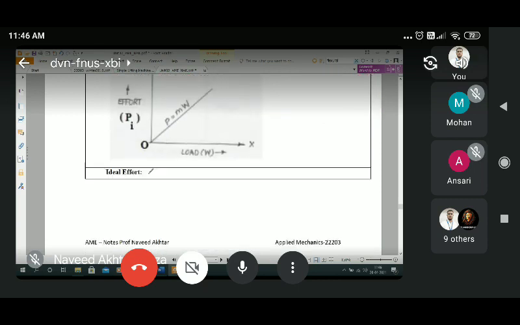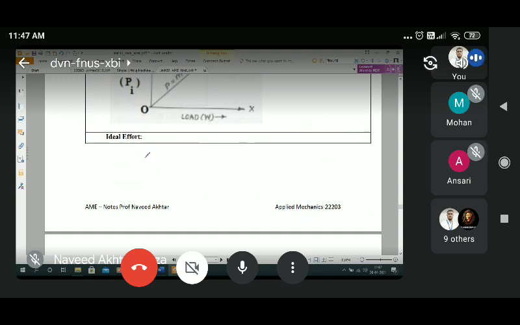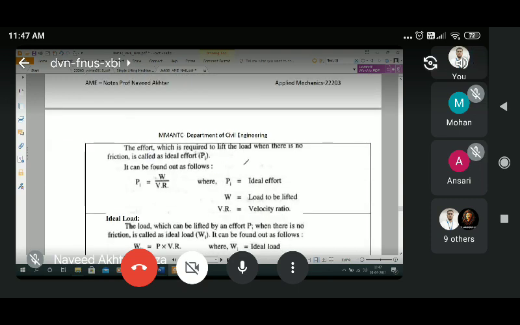Then what is the ideal effort? Up to now, what we have studied, you must have understood. The effort which is required to lift the load when there is no friction is called ideal effort.